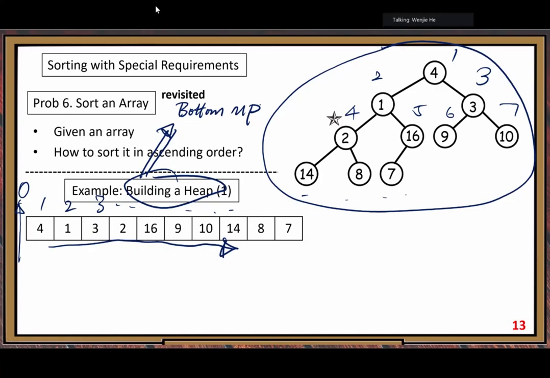So let's do the scan from the very bottom, and at the bottom level, we start from the right end, not the left end. The first local triangle we examine. So this is our first triangle.